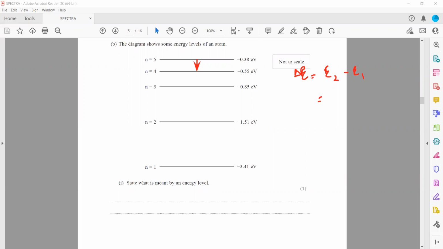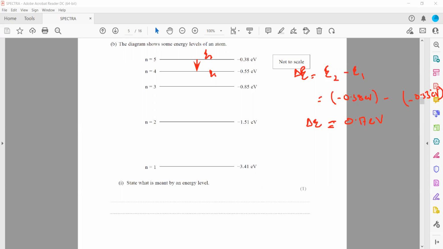So E2, the higher level, is called E2, and the lower level is called E1. Higher level is minus 0.38 electron volt, minus the lower level, minus 0.55 electron volt. When I take the difference of these two energy levels, I'll get a positive answer because it's energy. Negative sign only shows that energy is used to bind the electron within the atom.